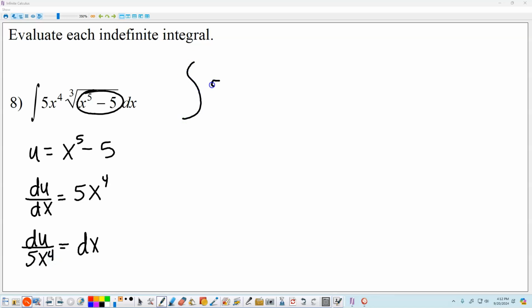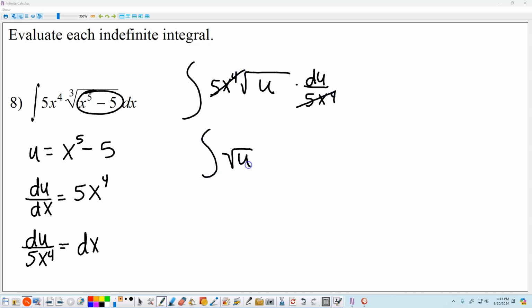Ready for our u substitution. I'm going to replace the inside with a u. We're going to replace the dx with what it's equal to, du over 5x to the 4th. These go away, and I'm left with this.